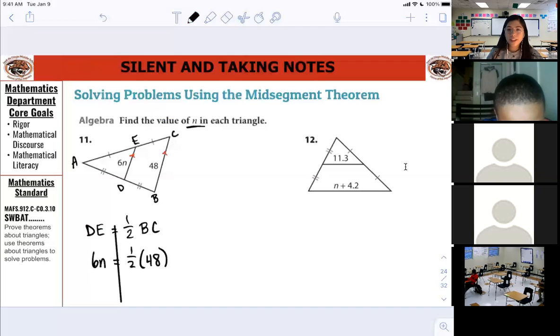All of you got 4. How'd you get it? Janelli's, go ahead. 4 times 6 is 24, and that's half of 48. Yeah, so 6n, half of 48 is 24. Divide both sides by 6, you get 4. Not too bad, right?